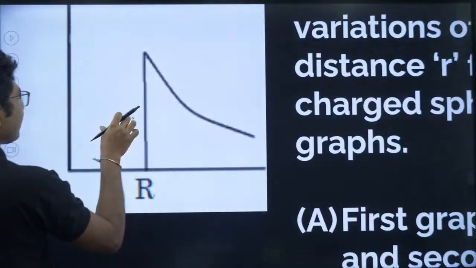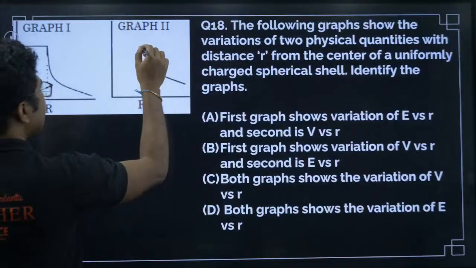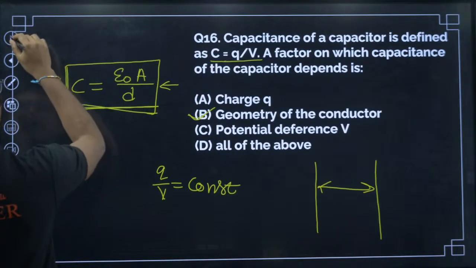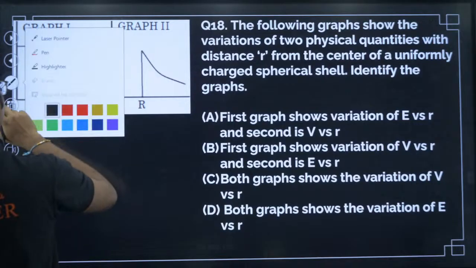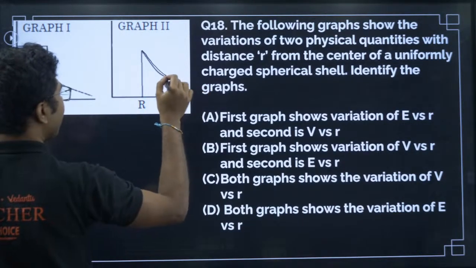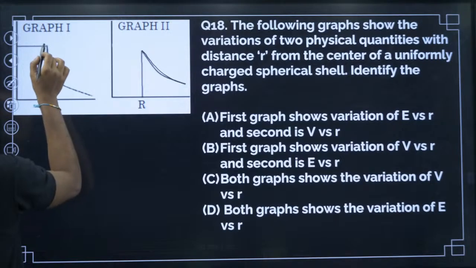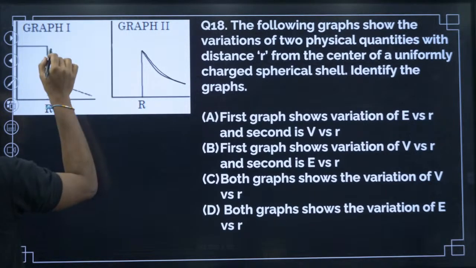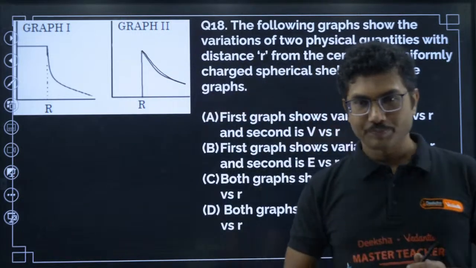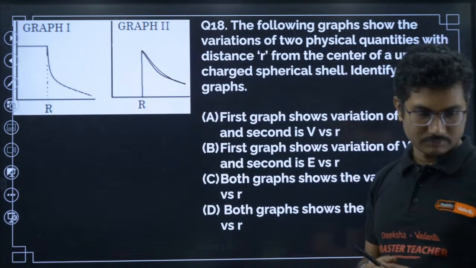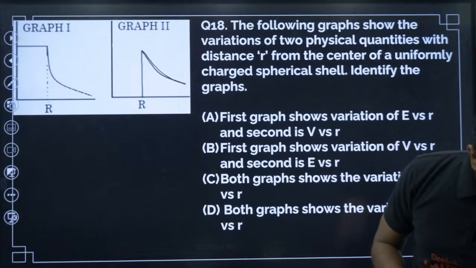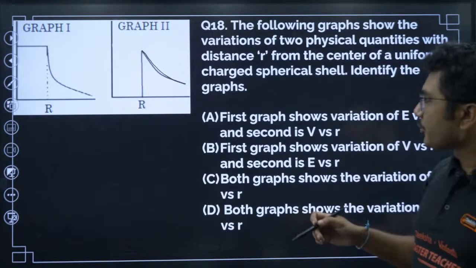This graph starts from nowhere, so something happened here. And if you see, there is another thing over here, and it comes like this. So what is the difference between these two? Yes, it will be option B.